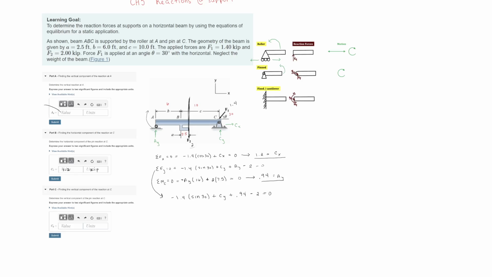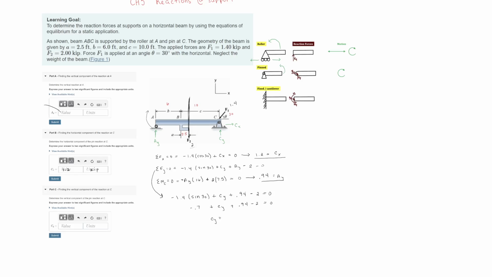So we're going to do negative 1.4 times the sine of 30. It's going to be negative 0.7 plus Cy plus 0.94 minus 2. We separate these and leave the Cy alone.